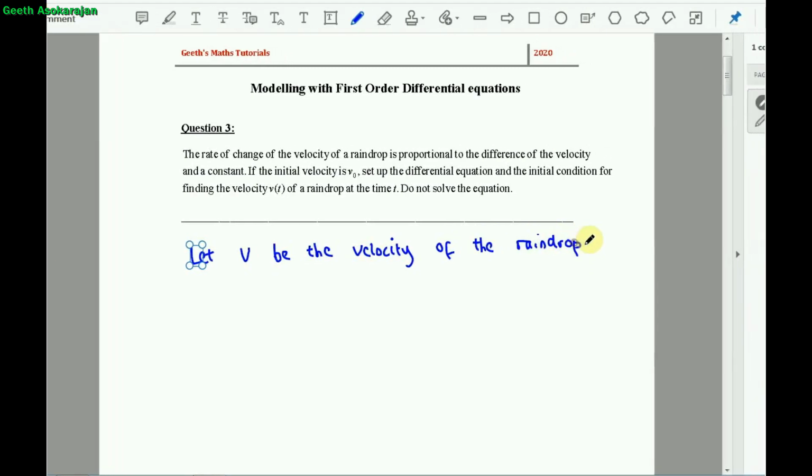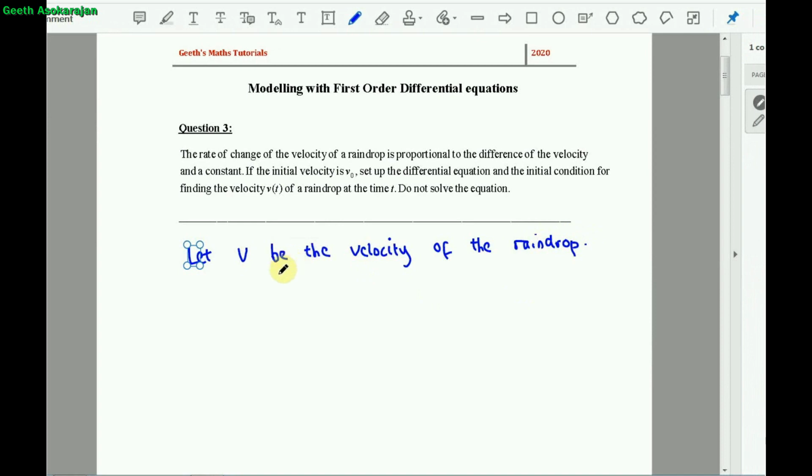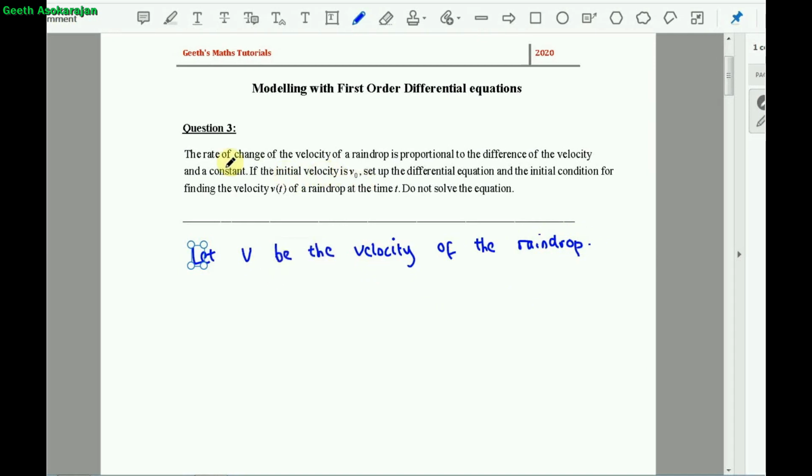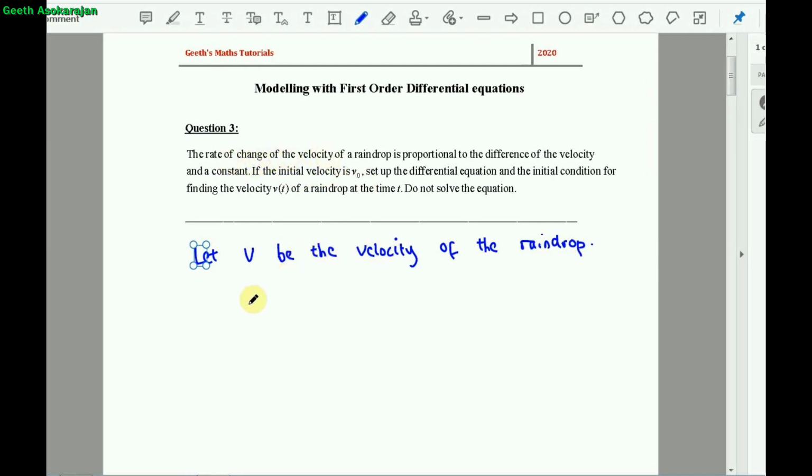So v is the velocity of the raindrop, and in this case it says the rate of change of velocity, so rate refers to d by d small t, the rate of change with respect to time. So let's start off by writing our differential equation.